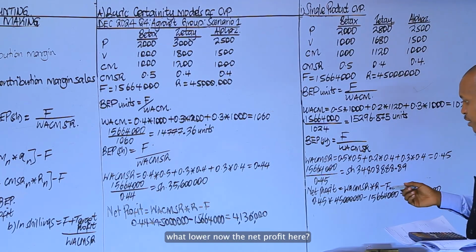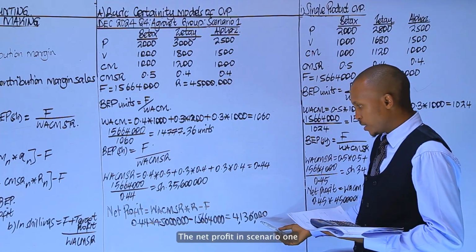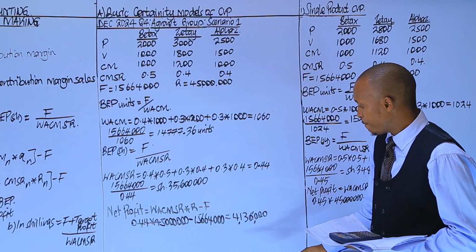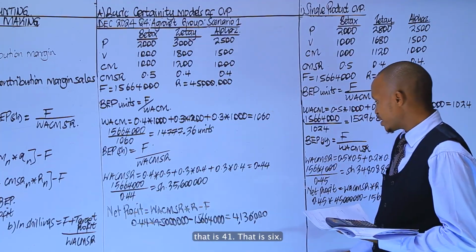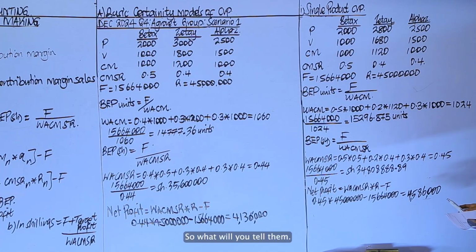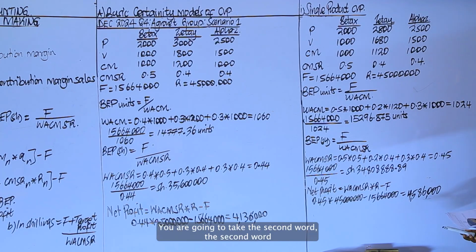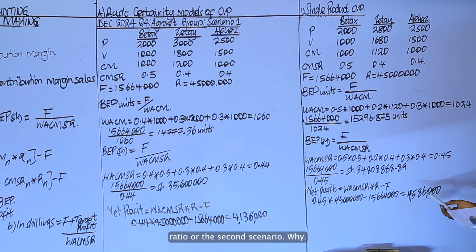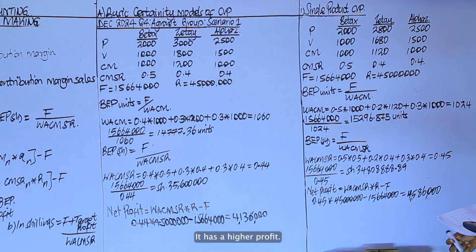Now, the net profit in scenario 1 is 4,136,000. In scenario 2, it is 4,586,000. So what will you tell them? You're going to take the second ratio, or the second scenario. Why? Because it has a higher profit.